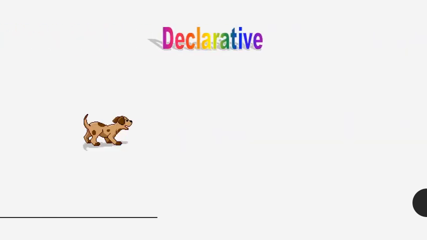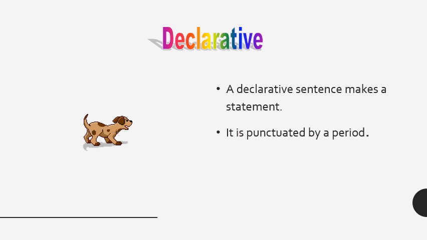We are going to start with the declarative type, which is the statement. A declarative sentence makes a statement. So I have two names for this kind of sentence, statement or declarative, but you can use statement only. It is punctuated by a period.